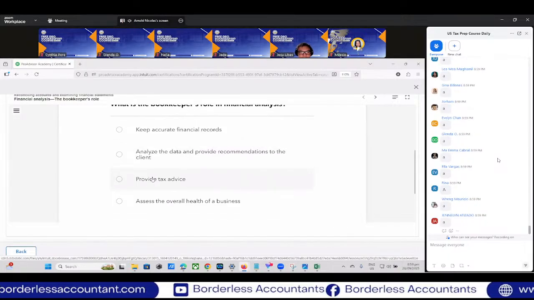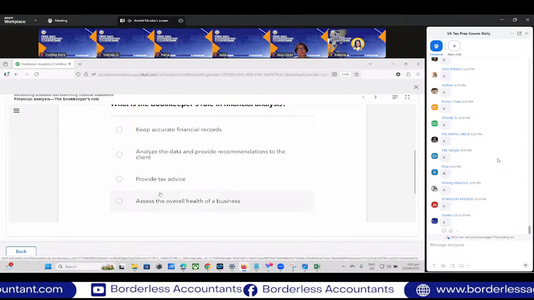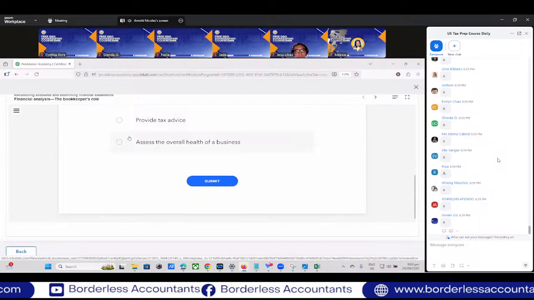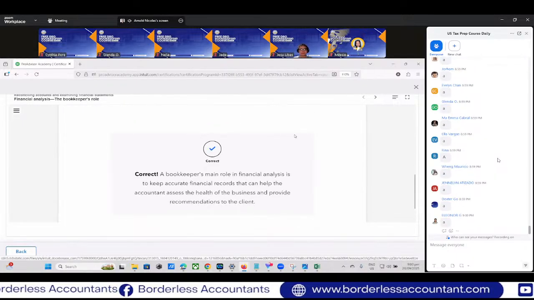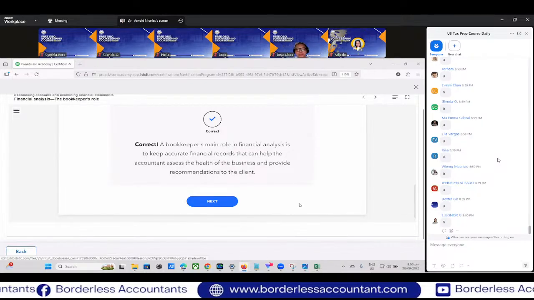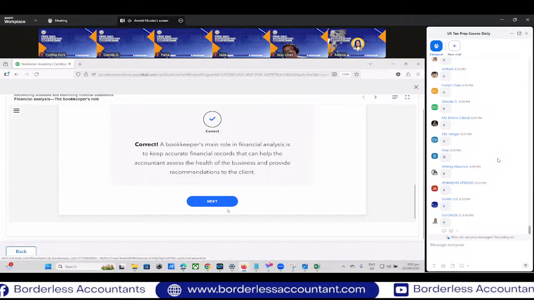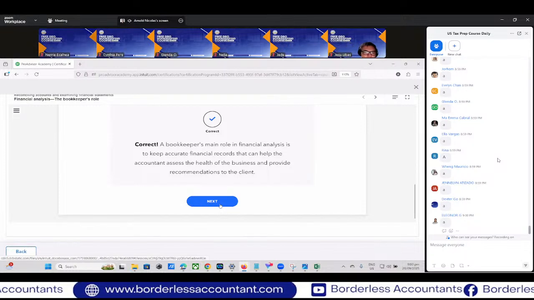Provide tax advice, that's an accountant. Assess, again, that's an accountant. So the first one. The best answer is A, and everybody got the correct answer. Correct. The bookkeeper's main role in financial analysis is to keep the accurate financial records that can help the accountant assess the health of the business and provide recommendations to the client.